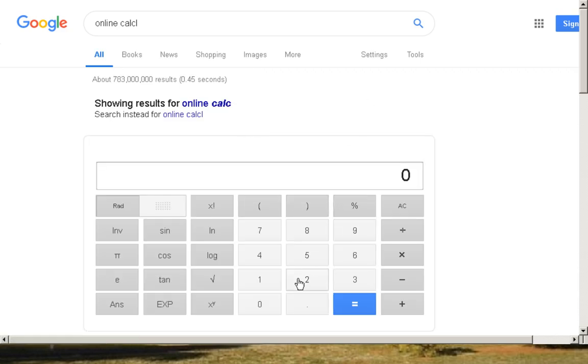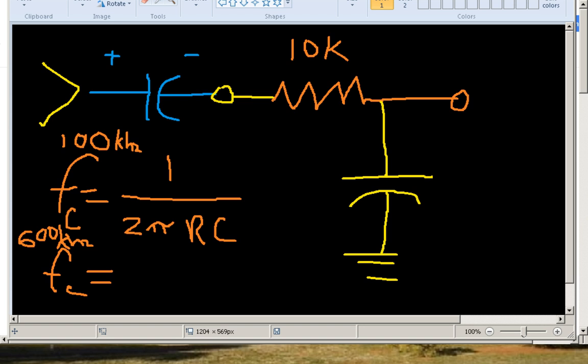Alright, so we've got 10,000 ohms, and the C is going to be in farads.